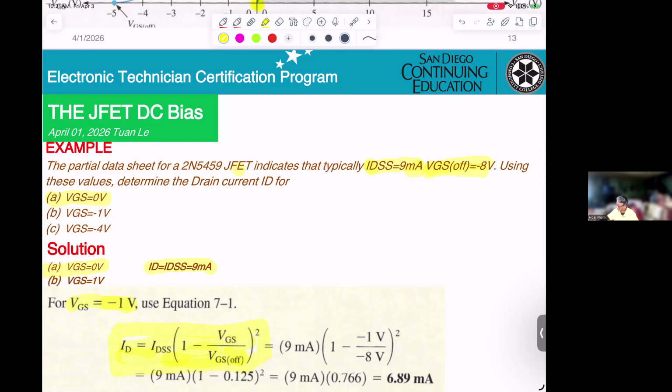First, ID equals IDSS, 9 milliampere right here, times 1 minus 1 volt divided by VGS off, which is minus 8 volt. After calculation, this is the answer.